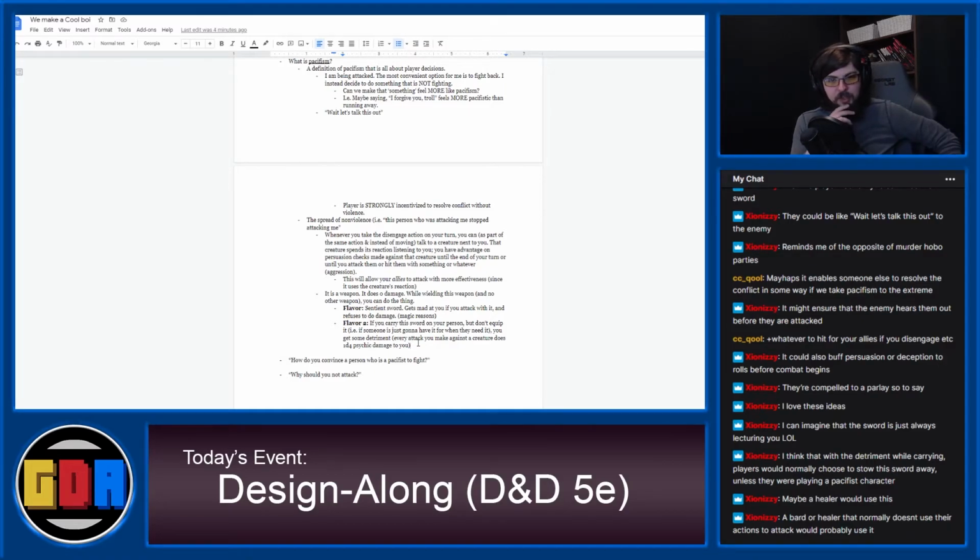Healer, maybe not so much, because a healer may not use actions to attack much, but a healer is using their action a lot to prevent damage and heal. A bard, definitely. I mean, cutting words is a reaction, and inspiration is a bonus action.